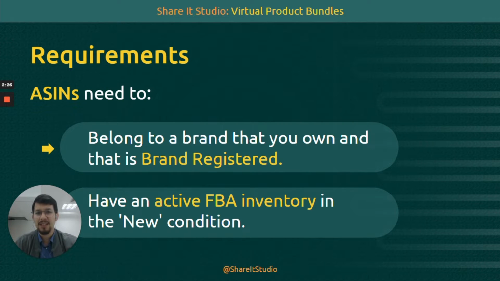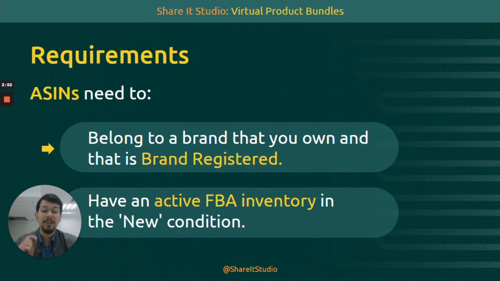If you're not, you should do it, not only because of the virtual product bundles, but because of all the benefits it will bring to your brand. You could see the statistics, the performance. You'd have access to A plus content. You'd have access to a lot of features that you're missing out on just by not being brand registered.